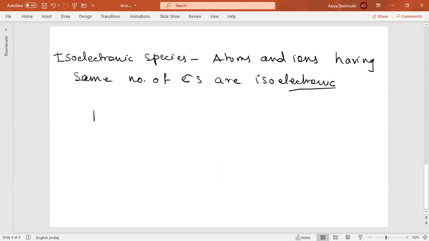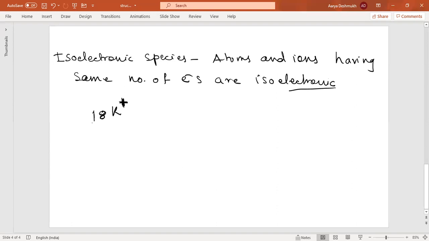So for example, take 18 K plus. Actually, this potassium has got atomic number equal to 19. So when it becomes, by losing one electron, there will be development of one positive charge on this potassium, and one less electron is there.